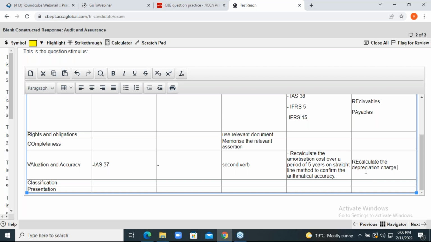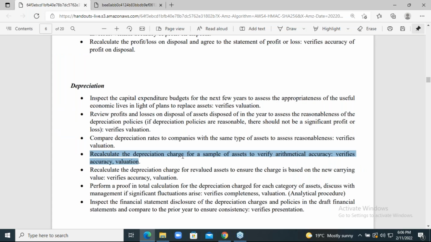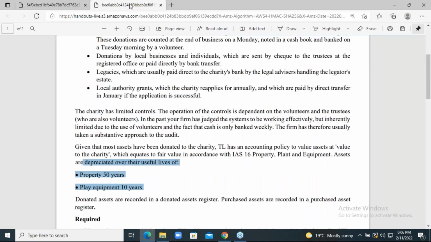This is the same as the generic procedure. But what I am going to do now is include the data, that is, property for 50 years and play equipment for 10 years.